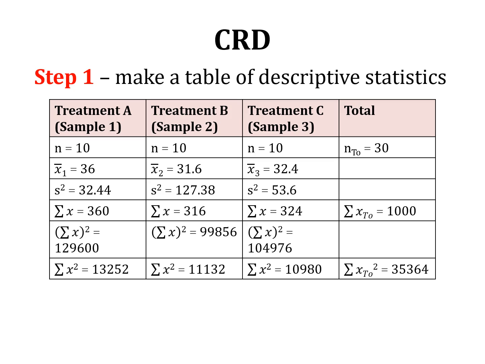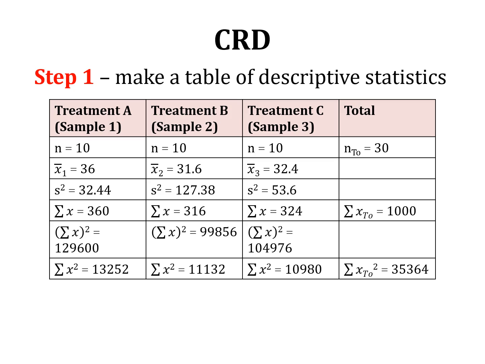The mean fresh weight of plants in treatment A is 36 grams, in treatment B, or sample number 2, is 31.6 grams, and in treatment C is 32.4 grams. So you can see that their mean values are a little bit different. Now let's see their variances.